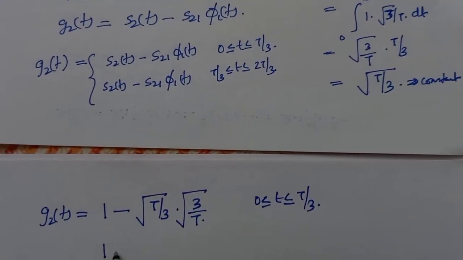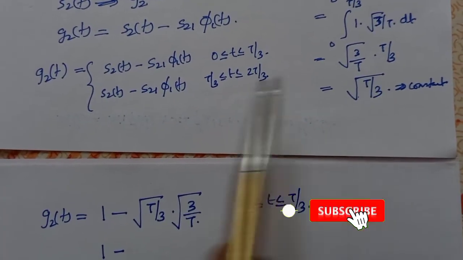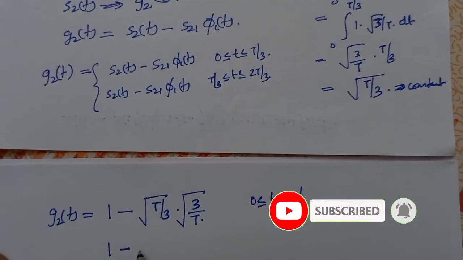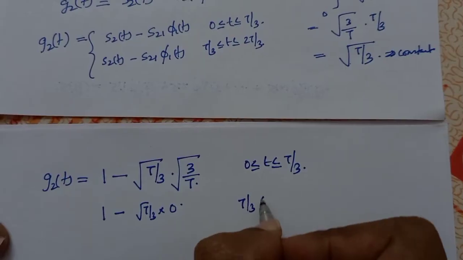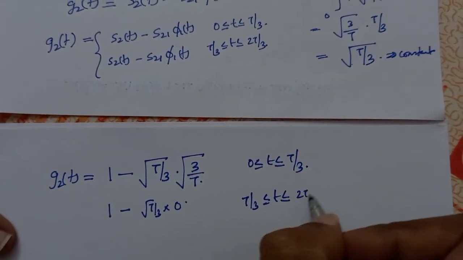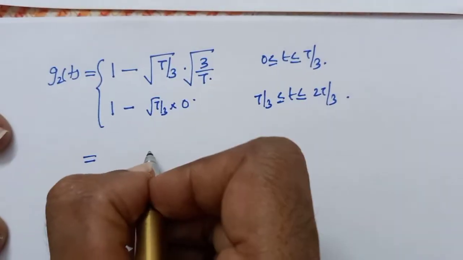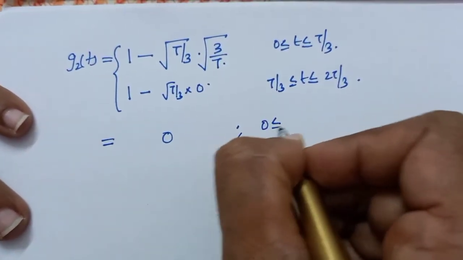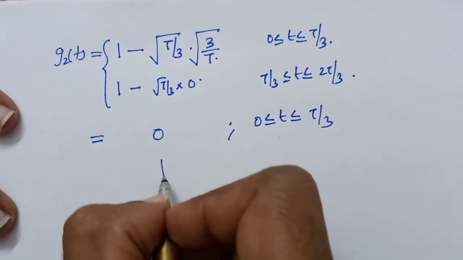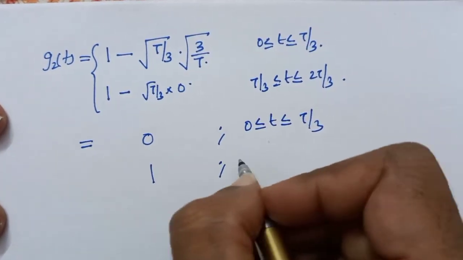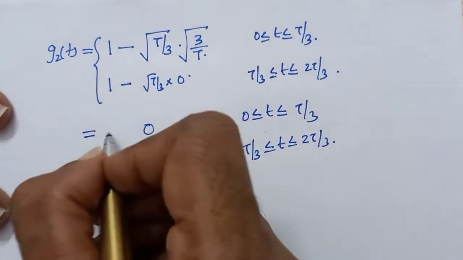S2(t) is 1 minus S21, we know that S21 is root of t by 3, but phi 1(t) is 0, right? That is root of t by 3 into 0 for t by 3 less than or equal to t less than or equal to 2t by 3. So solving, we will get it as 0 for 0 less than or equal to t less than or equal to t by 3. This will cancel, 1 minus 1. Then 1 for t by 3 less than or equal to t less than or equal to 2t by 3.